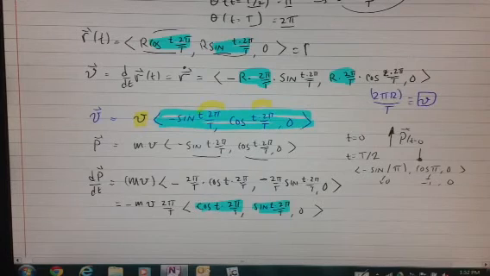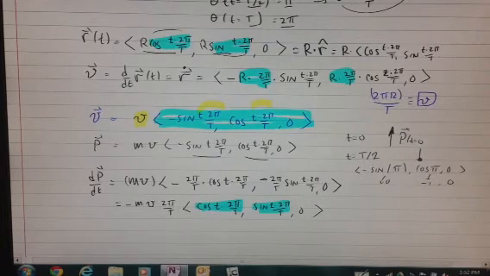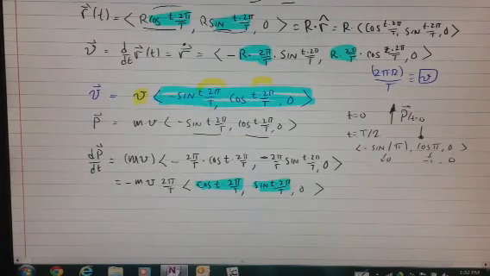I could write the position as r times r hat, which is r times the cosine of t times 2 pi divided by the period, the sine of t times 2 pi divided by the period, and 0. So that is interesting. This change in momentum points in the minus r hat direction, times mv 2 pi divided by the period. It has to point towards the center of the circle.